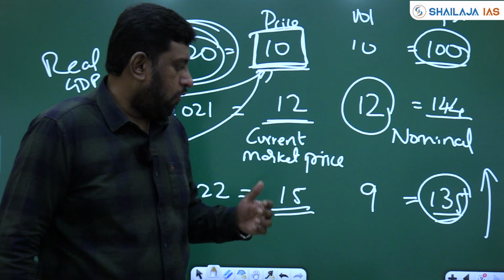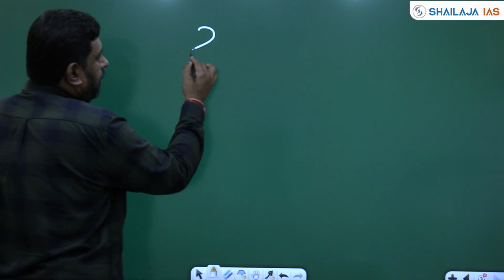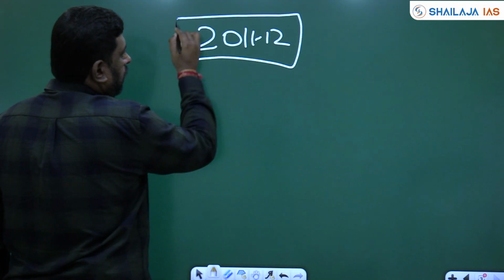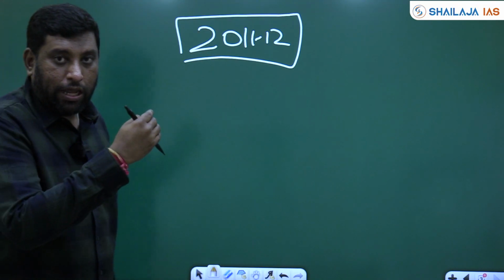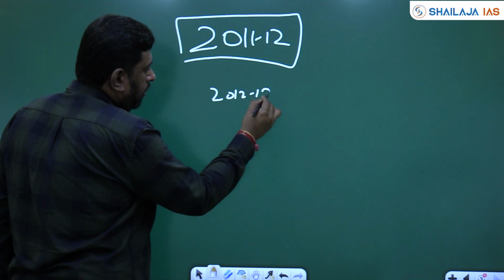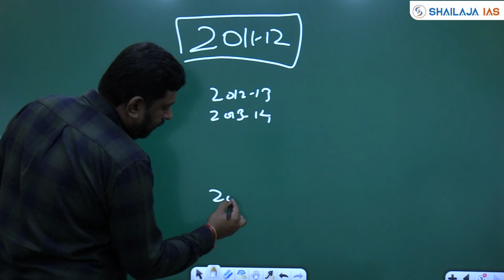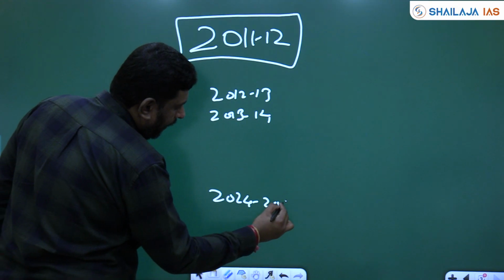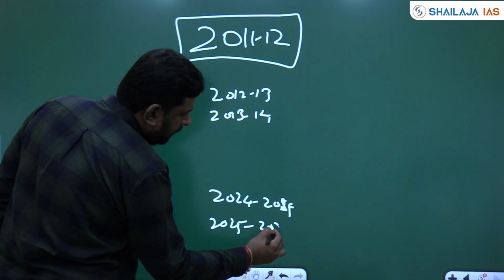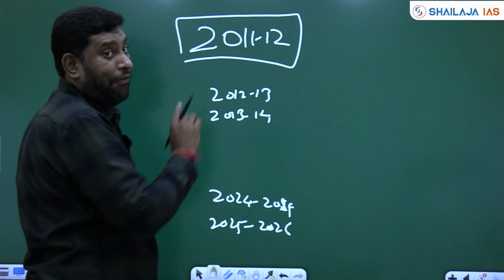Now, until now, what was happening is that we had kept the base year as 2011-12. And whatever GDP calculations we are having from 2012-13, 13-14, 14-15, and until 2024-2025 or 2025-2026, all this is at the base year of 2011-12.